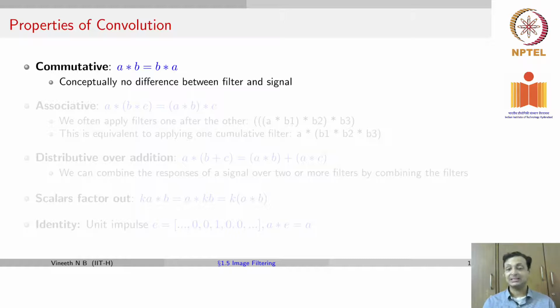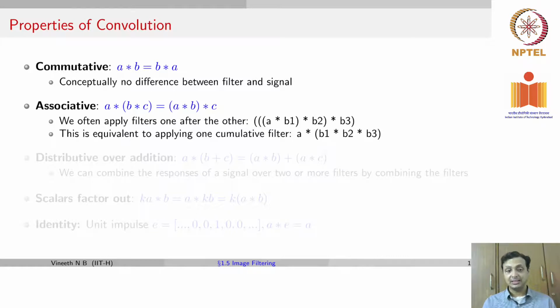The first one is that it's commutative. So A convolution B is the same as B convolution A. This is an interesting and important property, because if A was your image I and B was your filter H, whether you call A your image and B your filter or the other way around doesn't matter, because the operation is commutative.